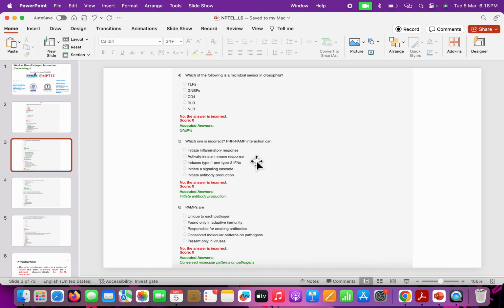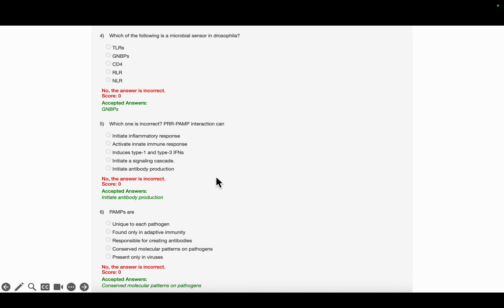Which one is incorrect? PRR-PAMP interaction can initiate inflammatory reaction, activate innate immune response, induce type 1 and type 3 interferon, initiate a signaling cascade, initiate antibody production. PRR is pathogen recognition receptor and PAMP is pathogen associated molecular pattern.